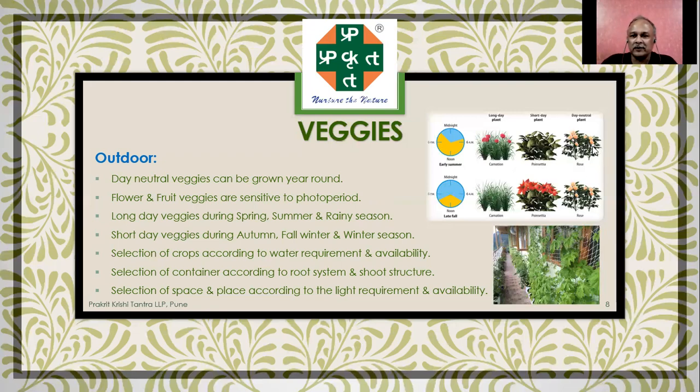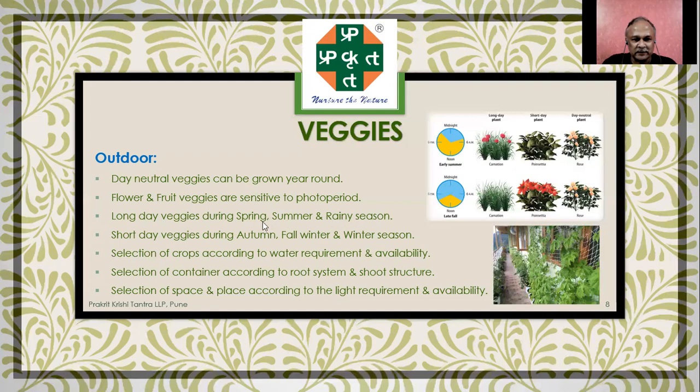As I said, day neutral plants are there. So I'll give the examples of that also. Then long day vegetables during spring, summer and rainy season, because here flowering and fruiting is required. So the flowering, fruiting, that is the productive stage, happens in the spring, summer and rainy season.